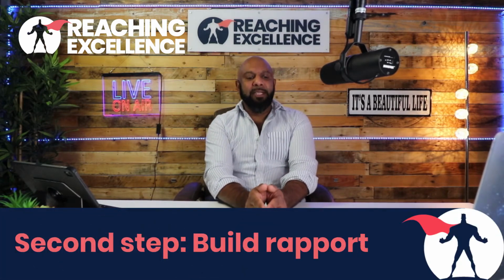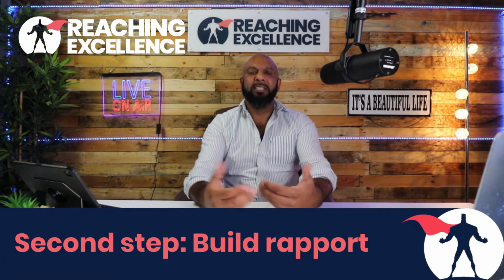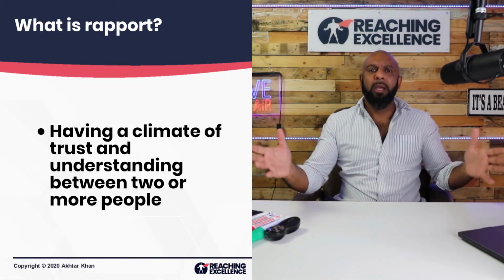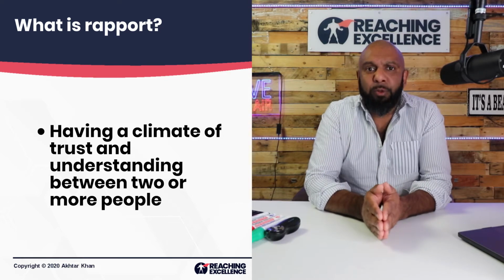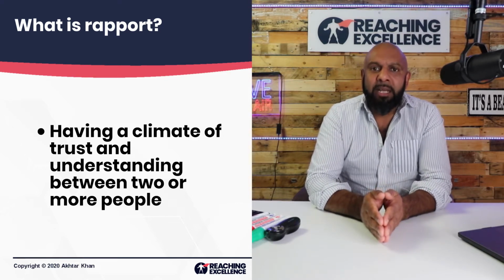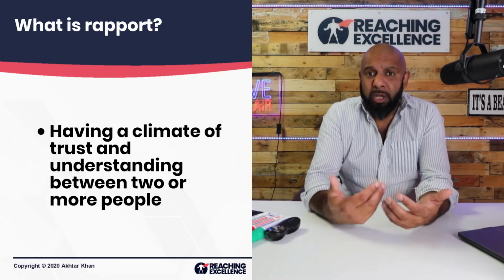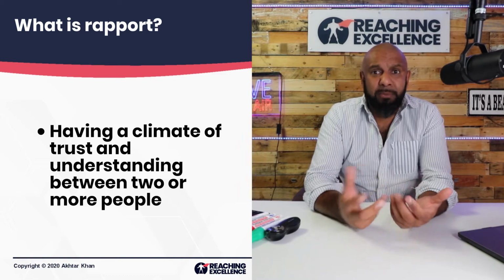The second step is you need to have rapport, okay? So what do I mean by rapport? Okay, look, there's lots of different definitions of rapport, but my definition of rapport is having what's called a climate of trust and understanding between 2 or more people, okay? So rapport really happens. It's a natural psychological phenomenon that happens when there is a climate of trust between people.